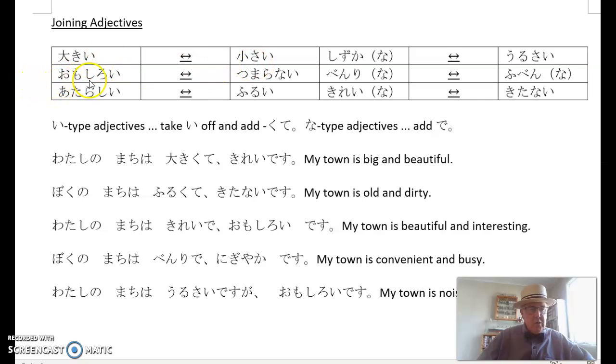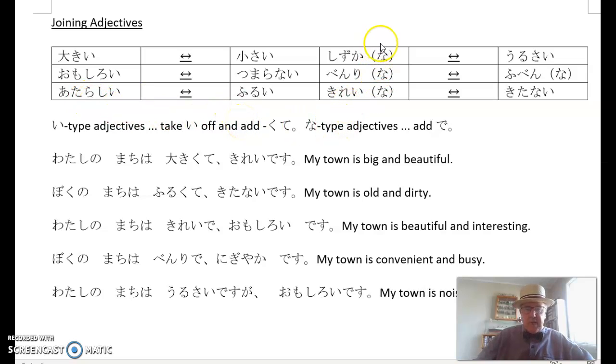We have 面白くてつまらない, interesting and boring. We have 新しい, take off the E, kute, 古い, new and old.